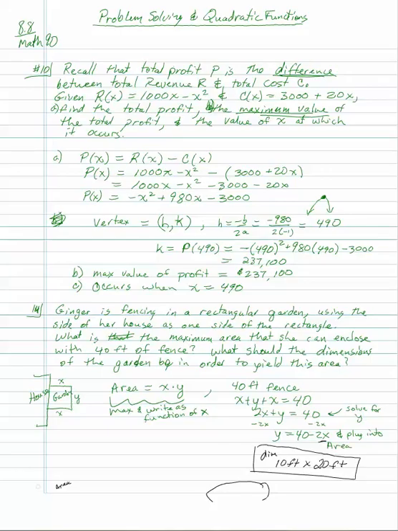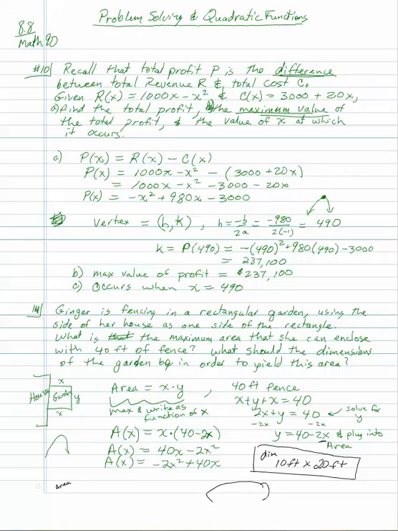So we're going to write area as a function of x. It's going to be x times y, which is 40 minus 2x for my restriction of my fencing. So now you see that area is 40x minus 2x squared, a parabola that opens downward. Let's write it the right way: minus 2x squared plus 40x.